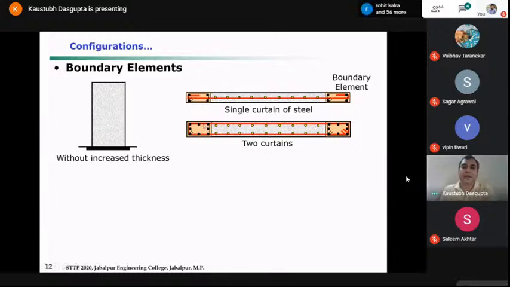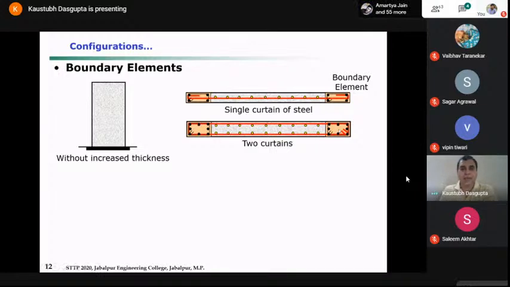Okay. So now when you have the typical cross section of the shear wall like this, you can have two possible cases. One is at the end, you may have the same width of the wall as the entire web portion. Okay, so the intermediate portion as well as the end portion, they have the same thickness.